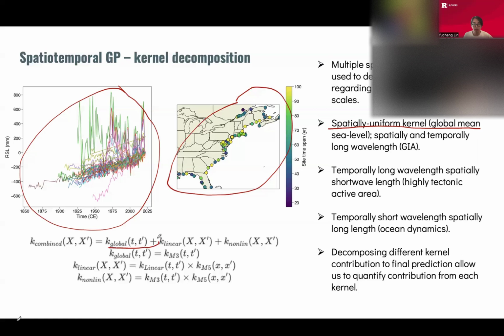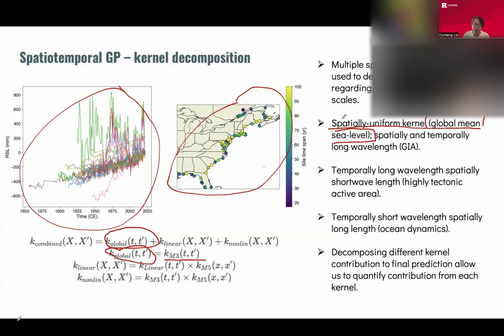So you are only calculating the temporal covariance, you do not calculate the spatial covariance here. The reason for that is you want to describe a spatially uniform signal across all of the sites, which may correspond to global mean sea level change, which is experienced equally in different sites.